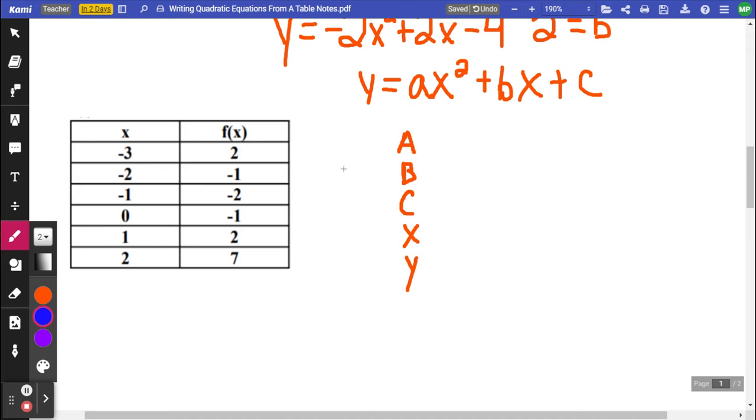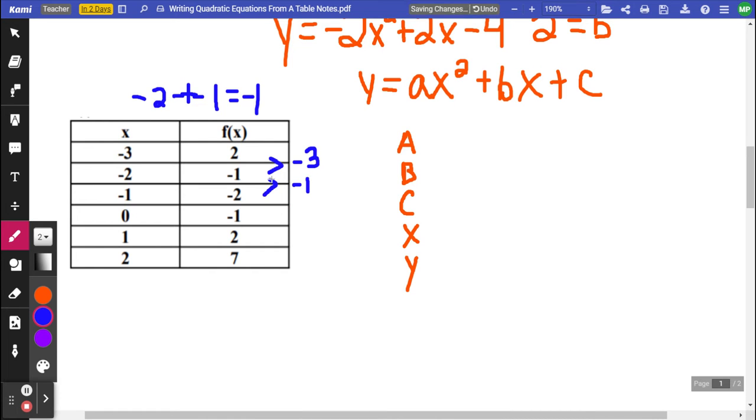So step 1 is to find your second difference. Okay, so let's start here. -1 minus 2 is -3. -2 minus -1. Minus a negative becomes a plus, so that's -1.